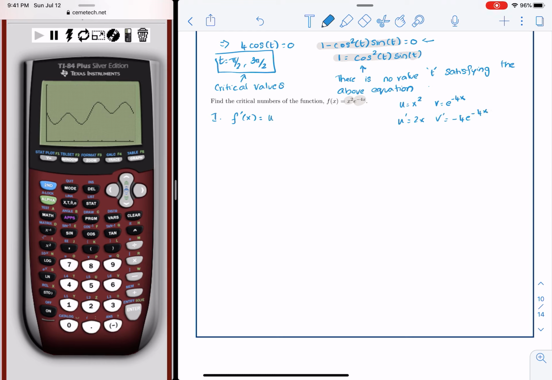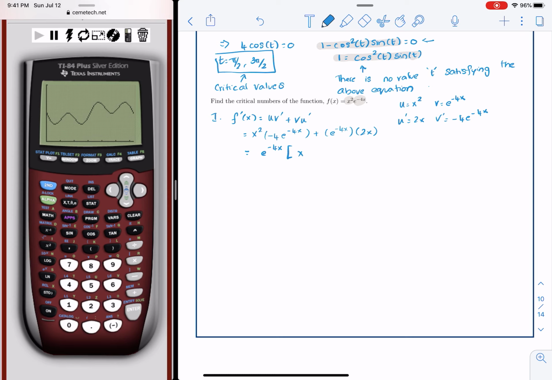So the derivative is u v prime plus v u prime. u is x squared, v prime is negative 4 e raised to the negative 4x, v is e raised to the negative 4x, u prime is 2x. And we can say e raised to the negative 4x is common, so we could pull that out.